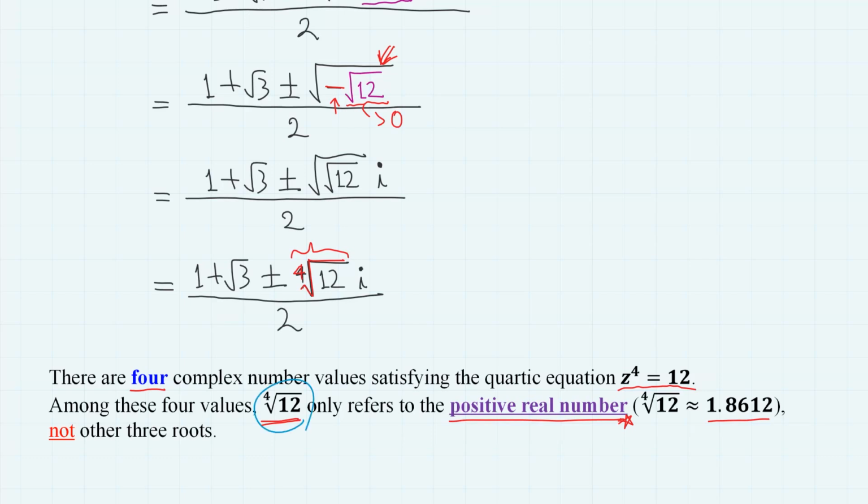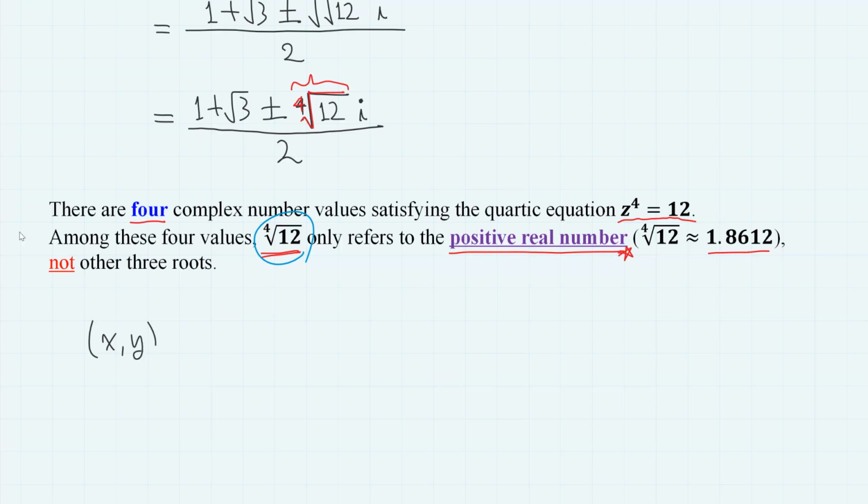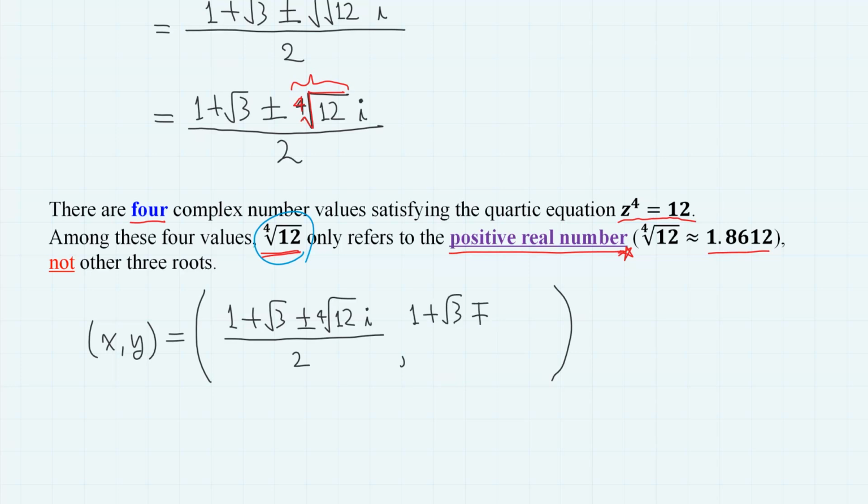That's the promise among mathematicians. So with this settled, we can write the roots. x, y equals (1 plus square root of 3 plus minus 4th root of 12 times i) over 2, and (1 plus square root of 3 minus plus 4th root of 12 i) over 2.